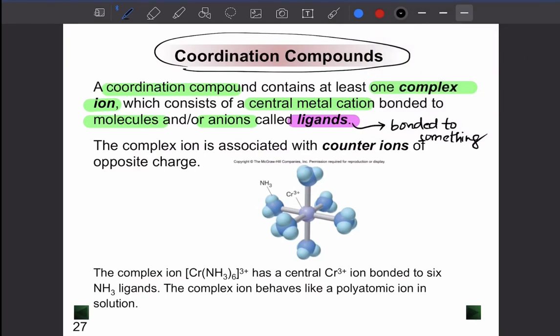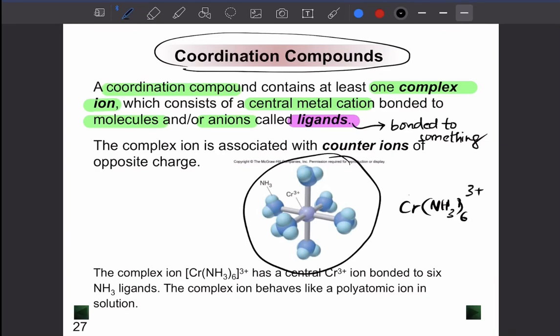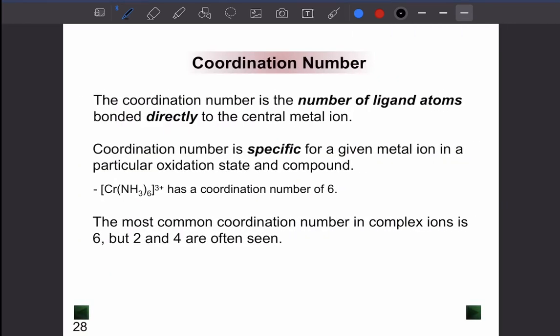Now, the best example of this is the compound chromium NH3 taken 6, 3 plus. This is an example of a coordination compound. Now, we represent different coordination compounds with a coordination number.